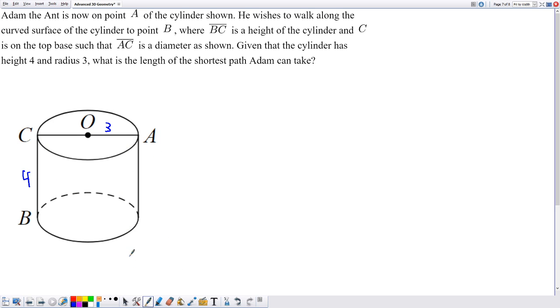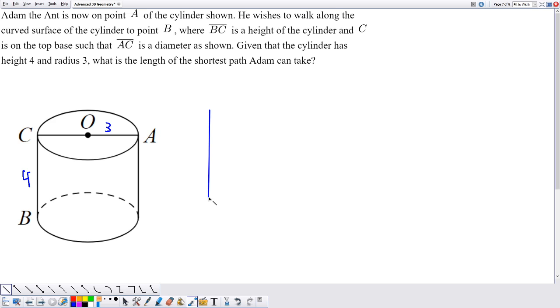Well, hopefully we can remember the lesson on cylinders where we represented the lateral surface by imagining cutting the side of the cylinder from A down here with a pair of scissors, and then unraveling it. And we determined that that shape would be a rectangular shape.